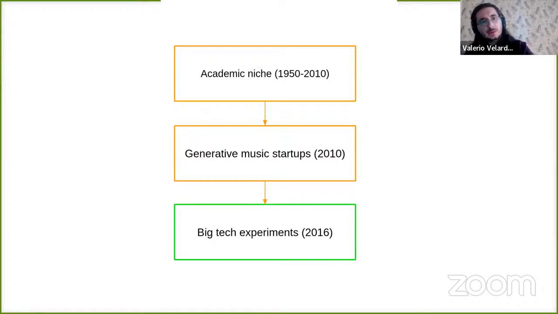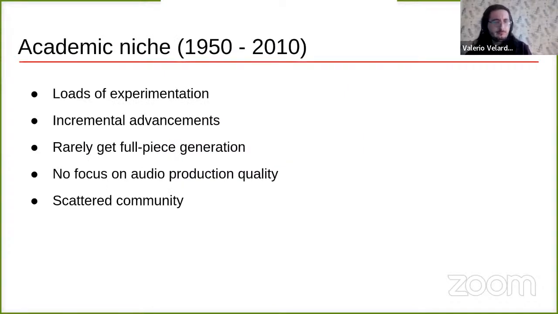Now, let's zoom into each of these periods, and I'm going to give you some examples of the different systems that have been built throughout these periods. During the academic niche, as I said, there was a lot of experimentation and a lot of incremental advancements, but most of the time academics would focus mainly on parts of tracks.